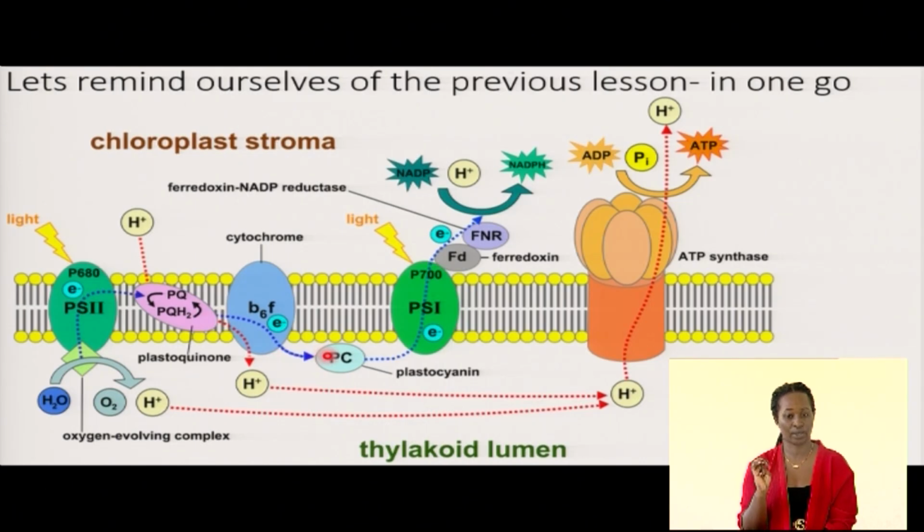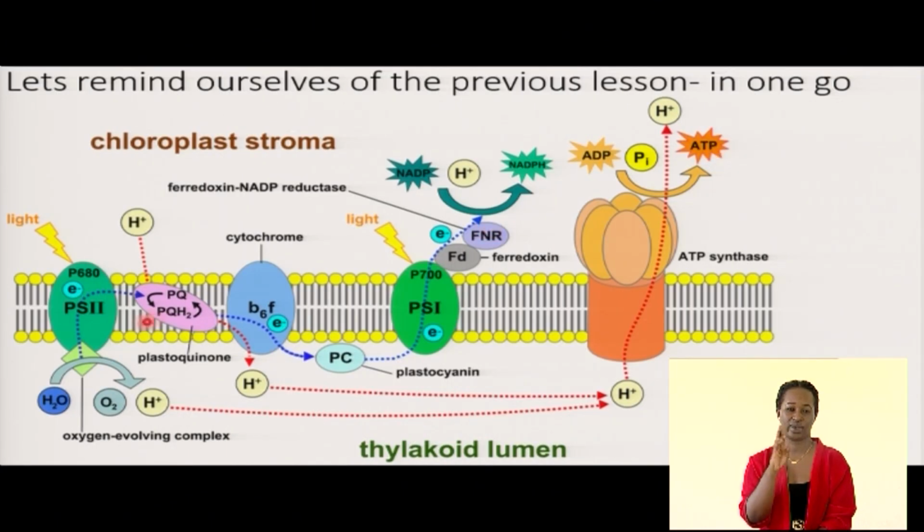Guess where it lands? Where does it continue? We need to look at this arrow and check how it flows, whether it actually returns. If we lose an electron here, does it come back? If it doesn't, then that's what we look at as non-cyclic photophosphorylation. Photo, because light is used. Phosphorylation, because ATP is produced.